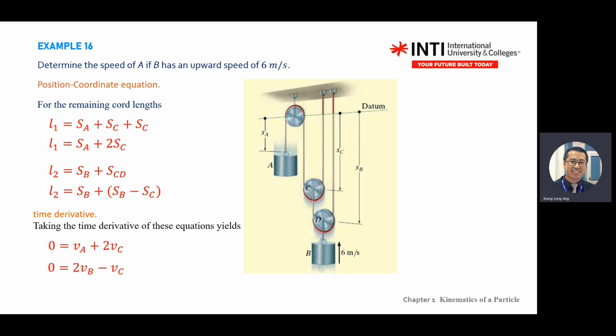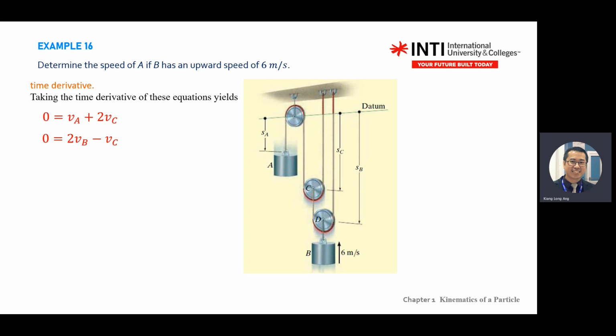So for the second equation here, you will reach this one. For rope number 2, you differentiate L2, you get 0. SB becomes velocity. This one is 2 SB minus C. You get this one.